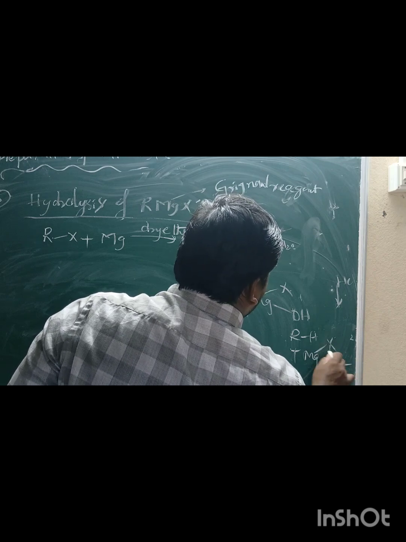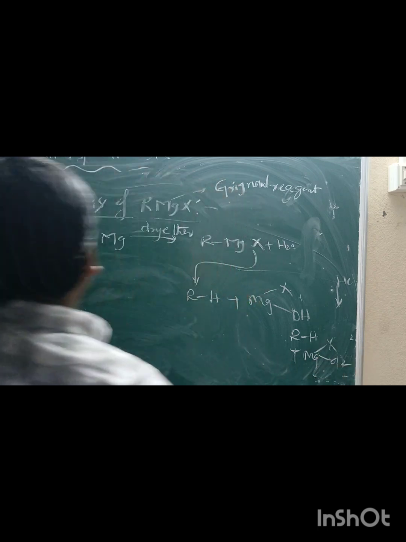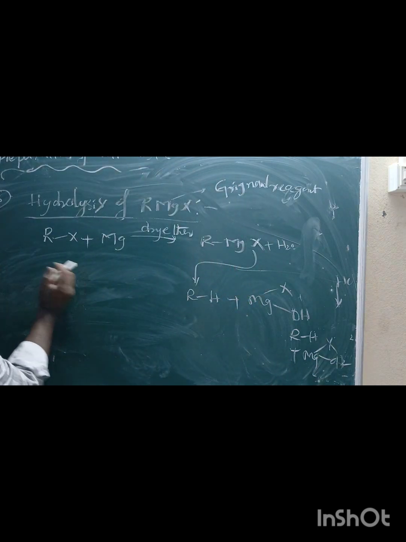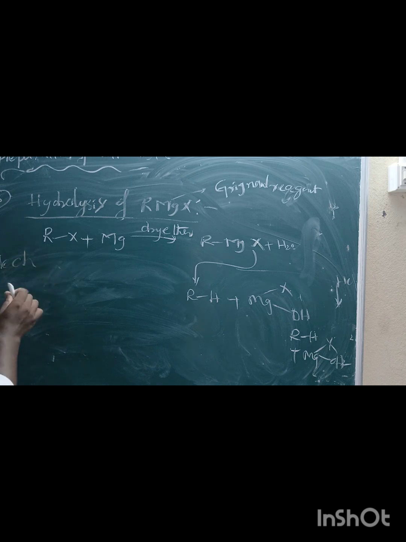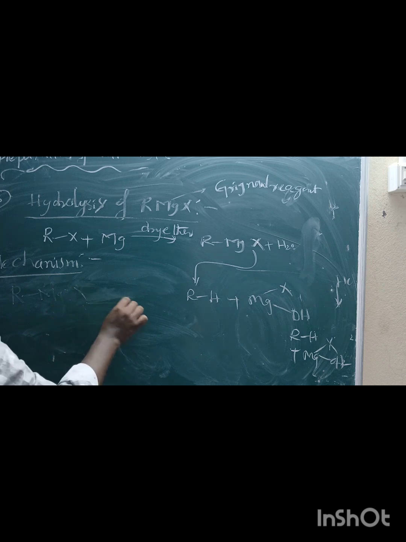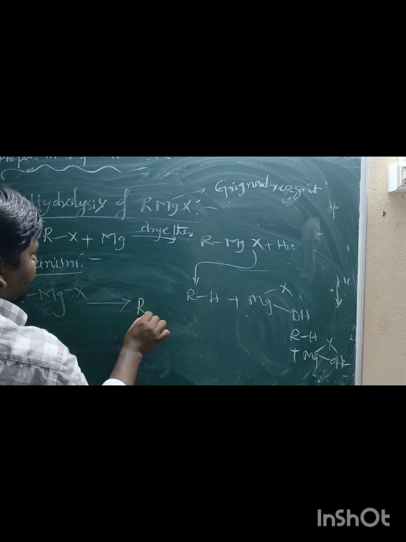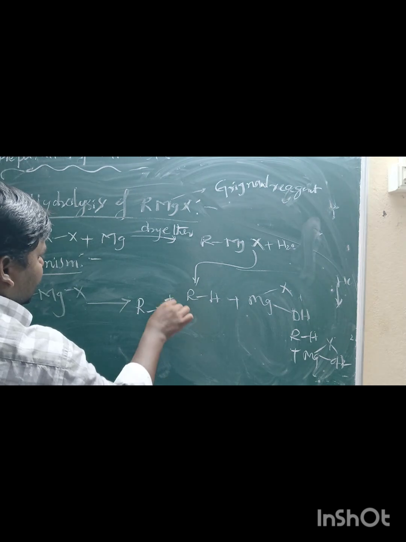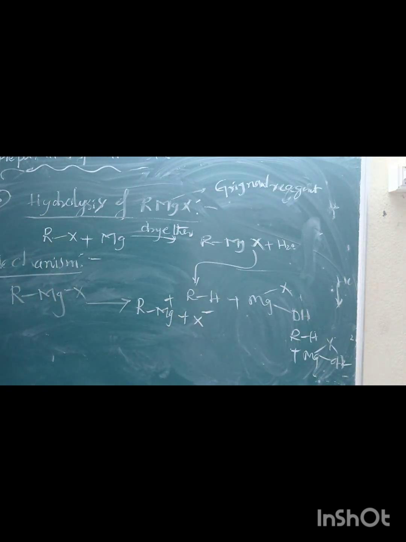What is the mechanism of this one? You can observe the Grignard reagent mechanism. Alkyl magnesium halide dissociates into RMg plus and X minus.